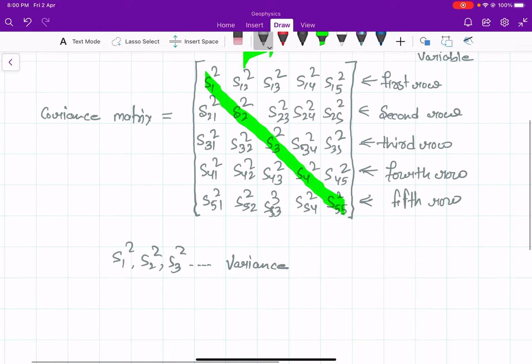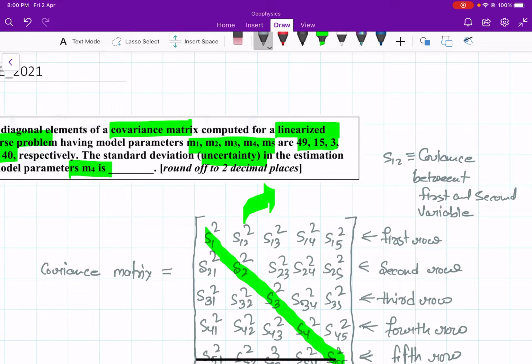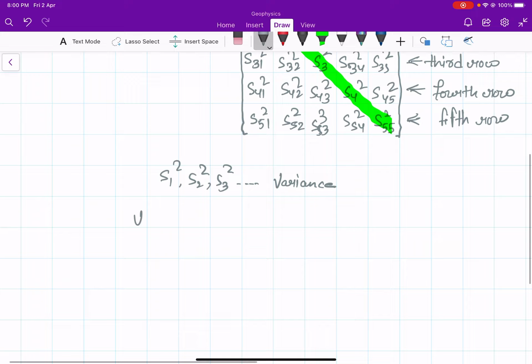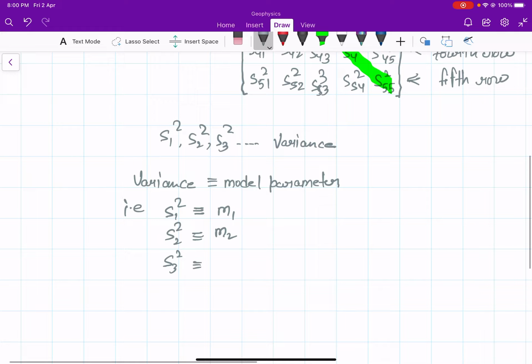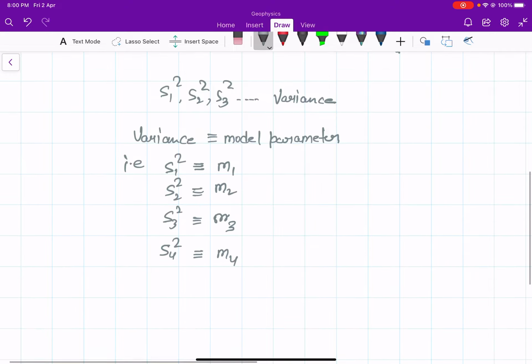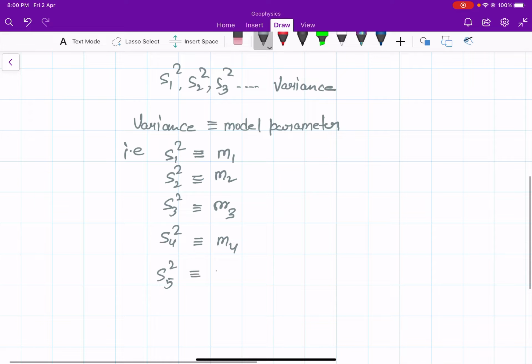Now in the question it is given that the diagonal elements, which are the model parameters, are the variances. That is, s1 square will be m1, s2 square will be m2, s3 square will be m3, s4 square will be m4 and s5 square will be m5.